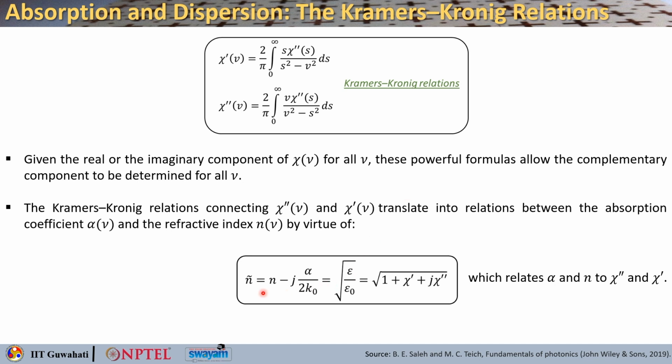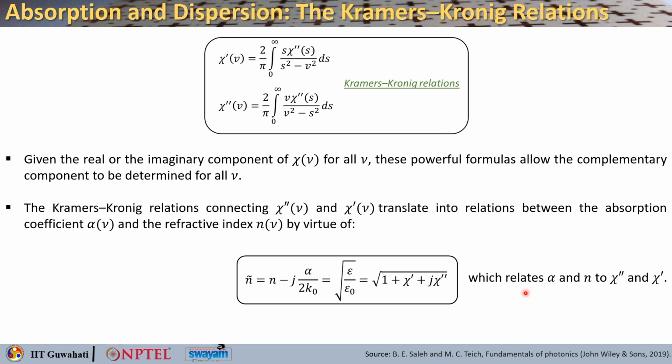by virtue of this formula, that the complex refractive index is given as small n, the real part, minus j alpha by 2 k naught, which is nothing but the square root of epsilon by epsilon naught that we have seen. This is basically epsilon r, and they are related by 1 plus chi prime plus j chi double prime.